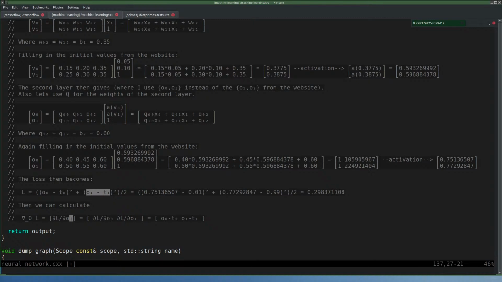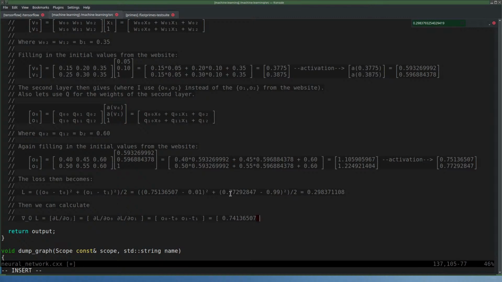No, did I do that correctly? I think so. Let's fill in the numbers immediately. So O0 minus T0, that's just this value here. So that is 0.74136507.